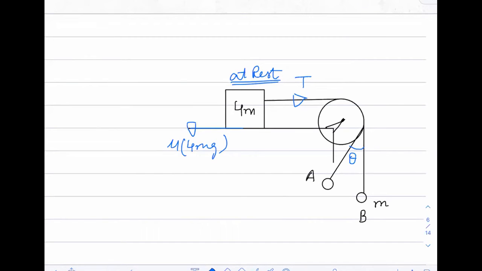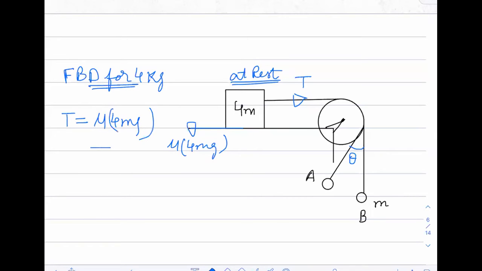So for this 4m block, if I draw the FBD, so FBD for 4m, I can write tension must be equal to mu 4mg. Okay, this is my first equation.